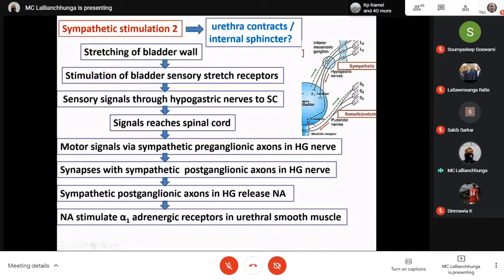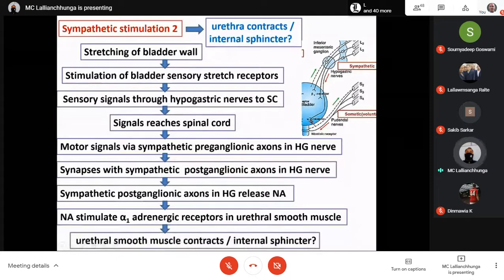So when the released noradrenaline binds to these receptors, it will lead to what? Urethral smooth muscle contraction, or contraction of the internal sphincter. So we know that the internal urethral sphincter, which we have already discussed yesterday, is there. Instead of relaxing, it is now contracting.